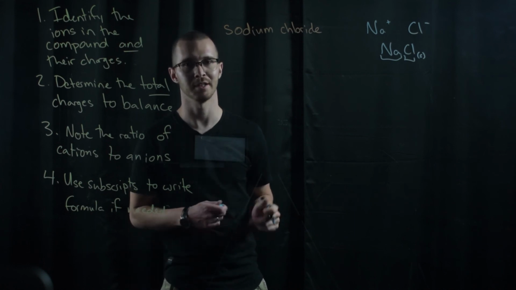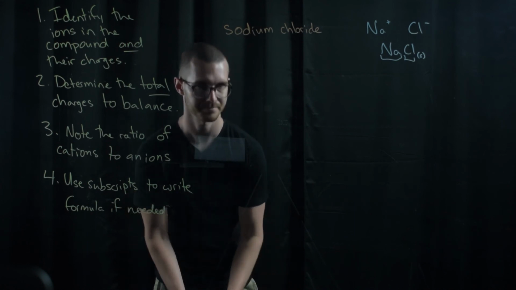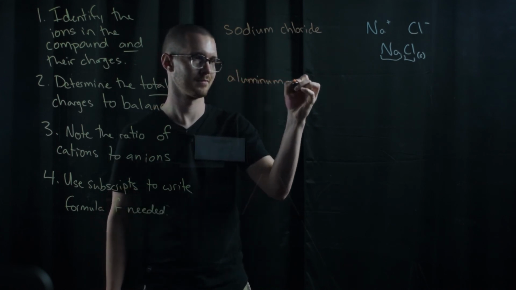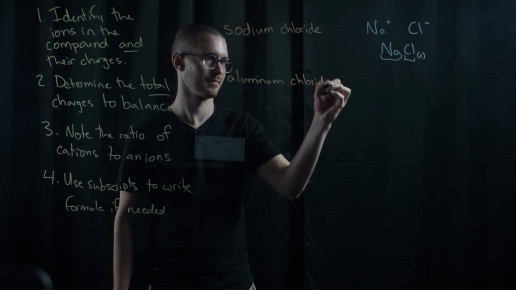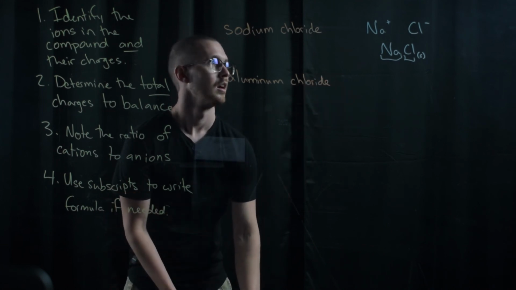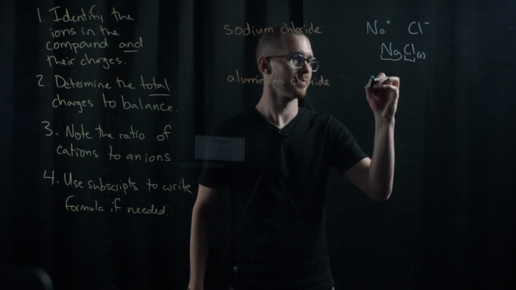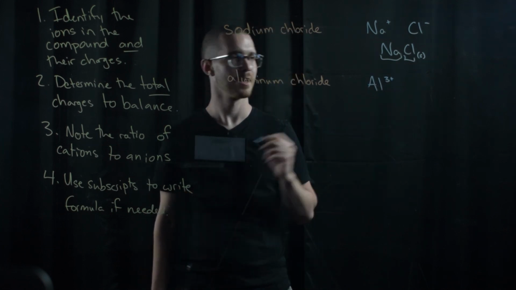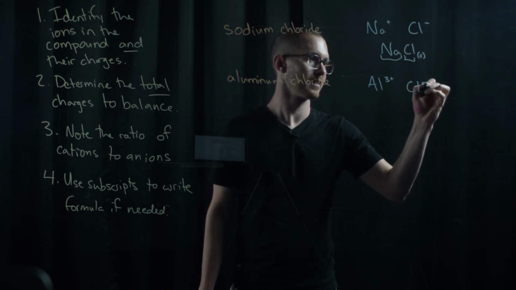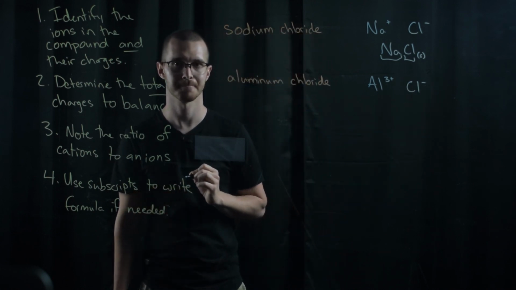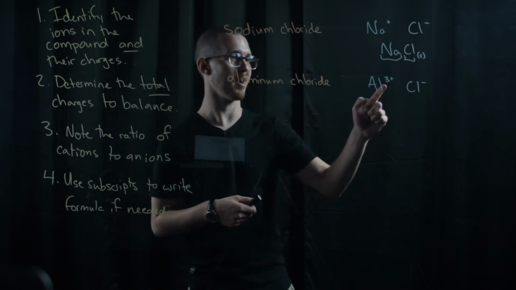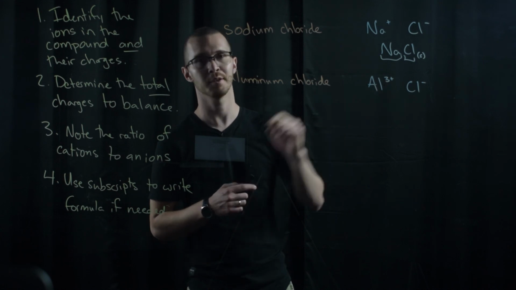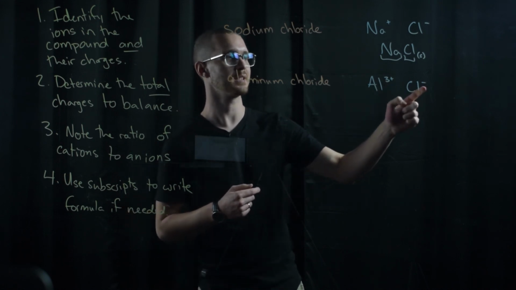But what if we have an example like aluminum chloride? Well, let's start with aluminum. Aluminum has a charge of 3 plus, and chlorine has a charge of 1 minus. This means we have 3 positive and 1 negative, and we need these to balance. So, in order to cancel out these 3 positives, we need at least 3 negatives.